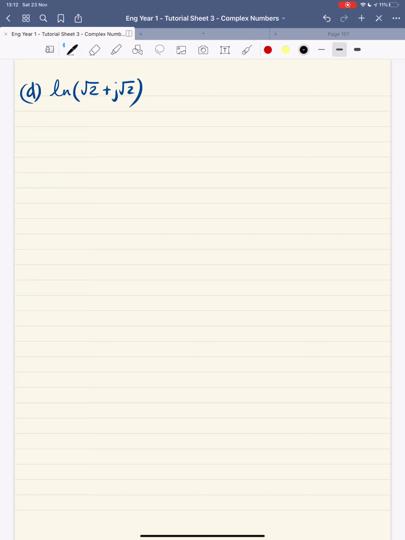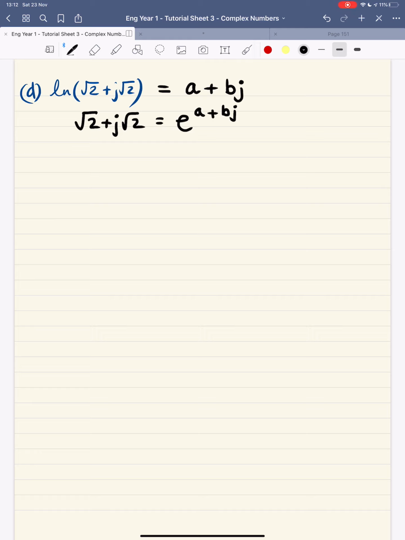Right, with this one, if we say log of root 2 plus j root 2, that's going to be a plus bj. So what we can say is root 2 plus j root 2 equals e to the a plus bj.